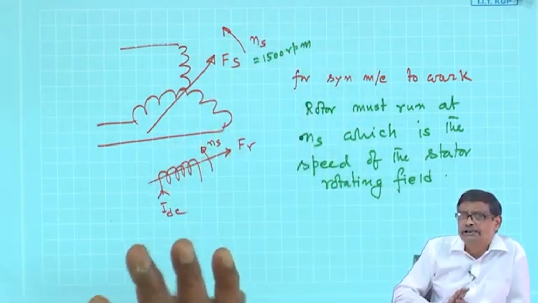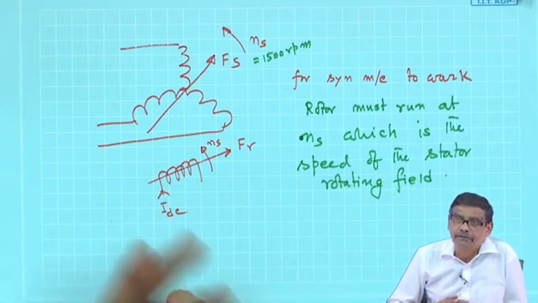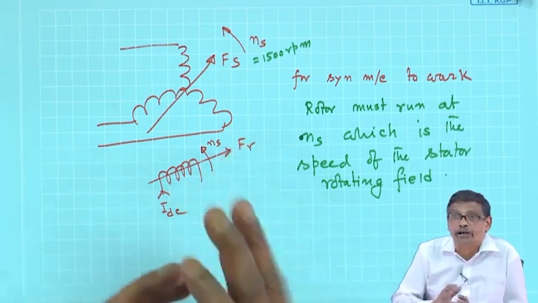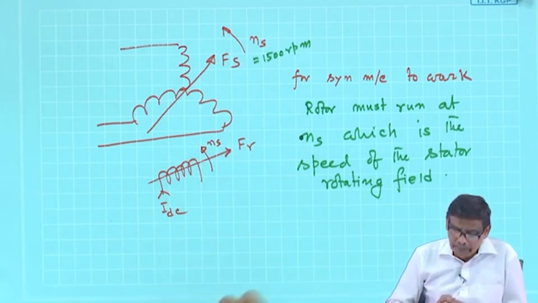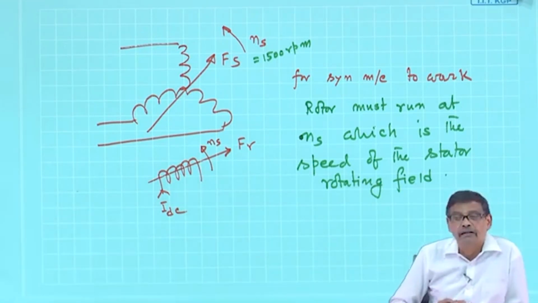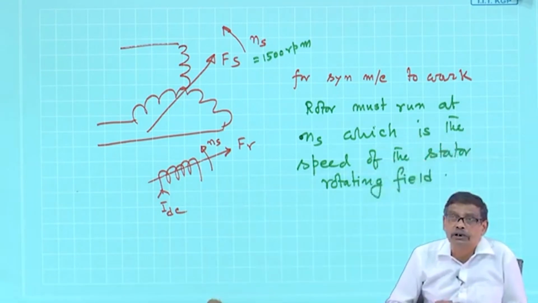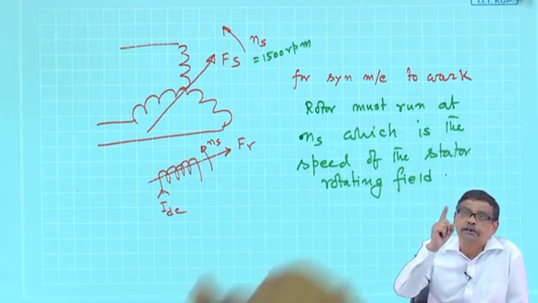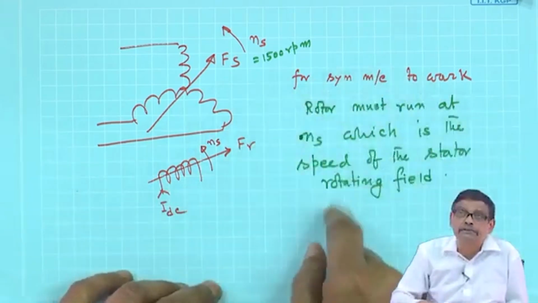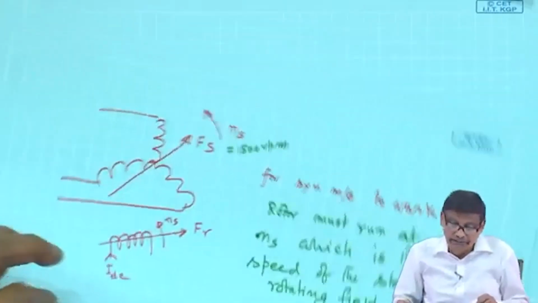But we will see those are transient phenomena, and how to tackle them. The machine will be capable of finding its steady operating point once again. But in general, when a synchronous motor is running with steady electromagnetic torque, I must conclude that whatever is the speed of the rotor, that must be the speed of the stator field. This must be followed, otherwise it will not work. Okay, this is the thing.